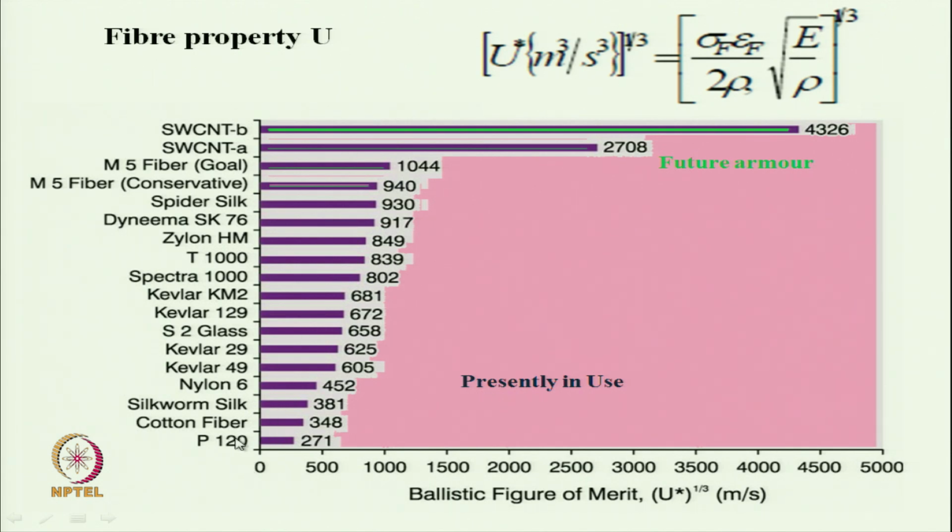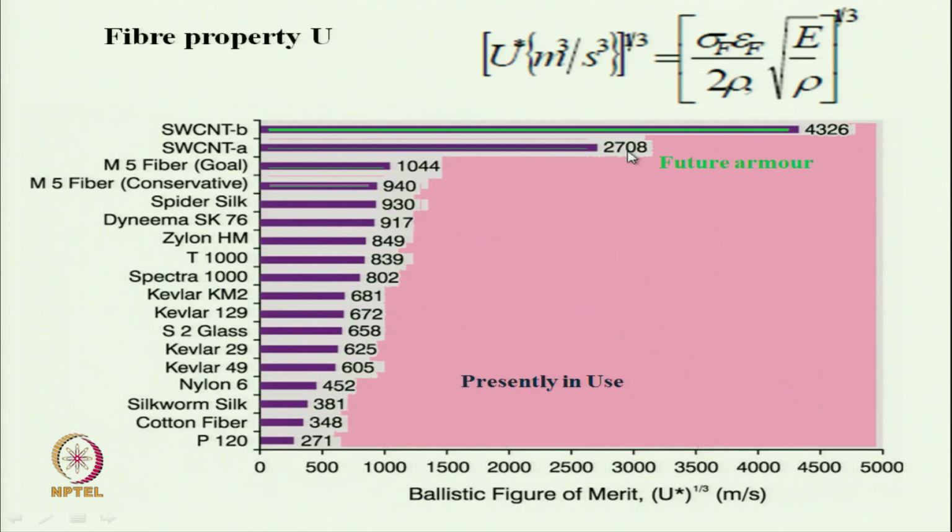These are the U values of different fibers, where Kevlar is around 680 and Spectra 802. Spider silk is for future armor.